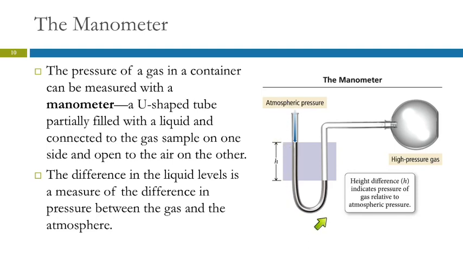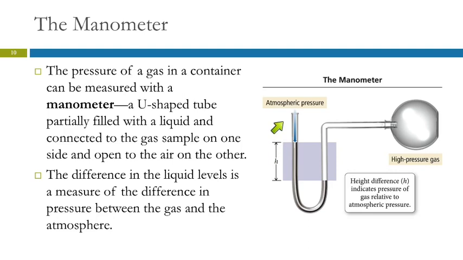So imagine this tube. If this was open at this end, what would the mercury do? What would water do? It would go to the bottom, right? And these levels would be equal, right? Why is this side lower? Because this gas is pushing down harder than the atmosphere is pushing down on the other side.